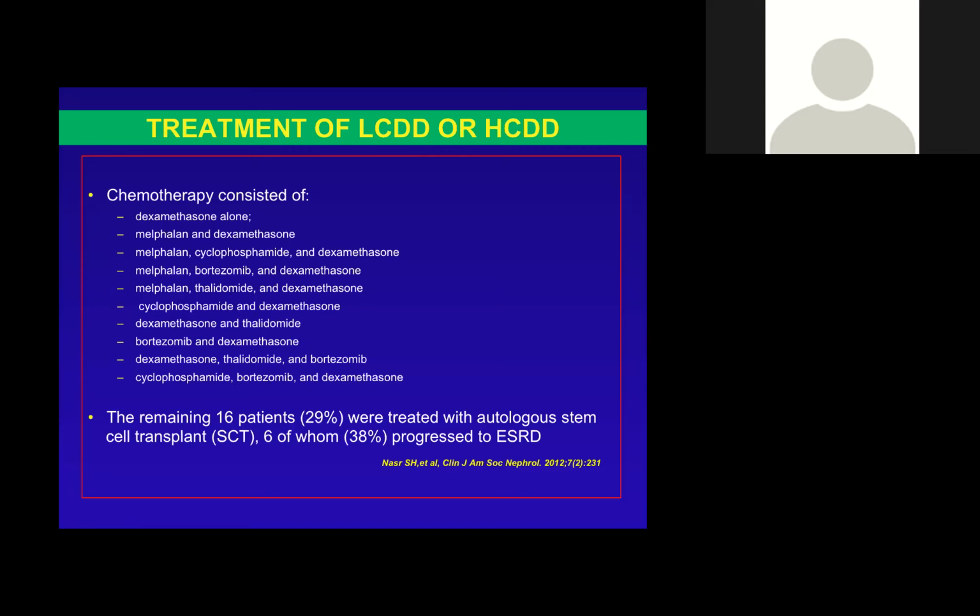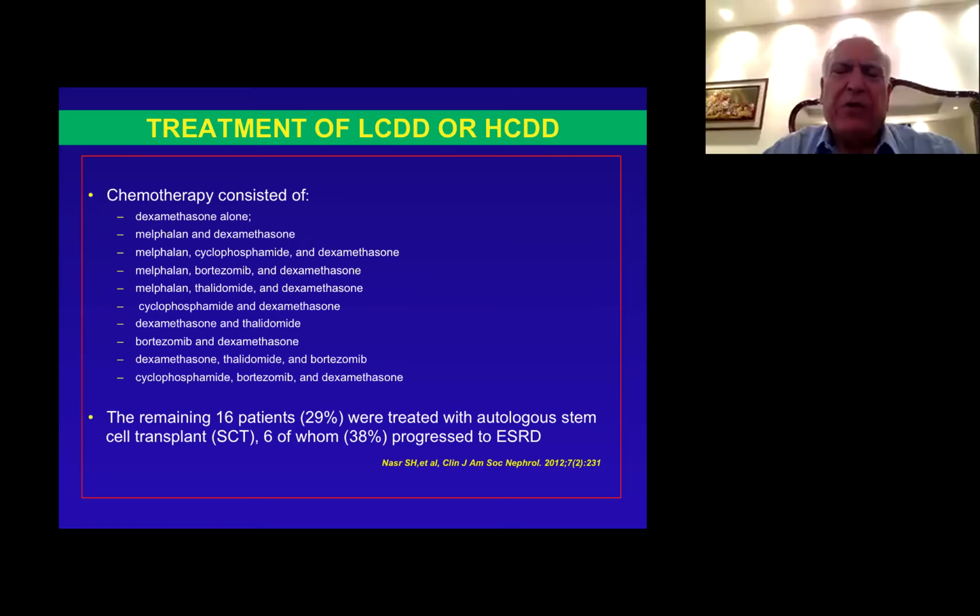When we started melphalan, it's a very simple drug, although its bone marrow toxicity is high. Yes, it's an old one with a low price. It can be given orally every 4 to 6 weeks. In 2 patients with melphalan and steroid every 4 to 6 weeks, they had excellent results.